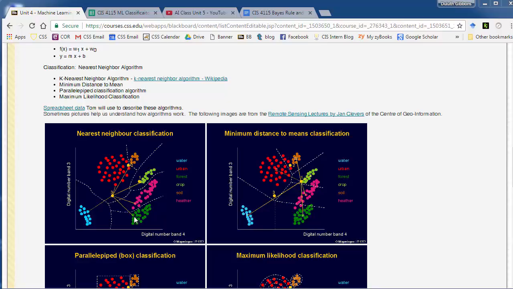We calculate the closest neighbor in each of the categories, and then we assign it to whatever is the closest neighbor. Actually, we can just look at the distances to all the data points and figure out which is nearest and say it's that. We'll actually look at what's called K nearest neighbor, where we might look at the 3 or 5 nearest neighbors and classify it that way. But this is just looking at the single nearest neighbor. You can kind of see how this divides up the set as one option.